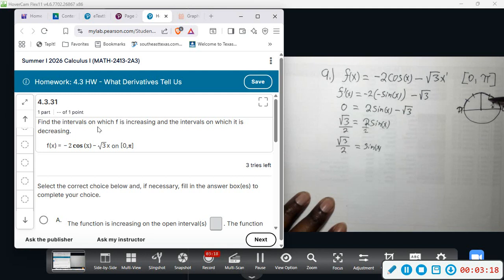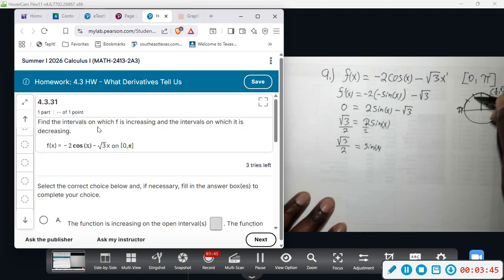This is 2 pi over 6, which reduces to pi over 3. So pi over 3 is going to give us the ordered pair 1/2 comma square root of 3 over 2. X coordinate, y coordinate, sine is corresponding to the y coordinate. So this is 1 pi over 3.